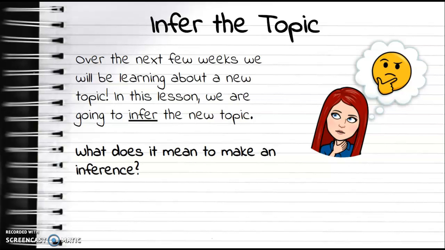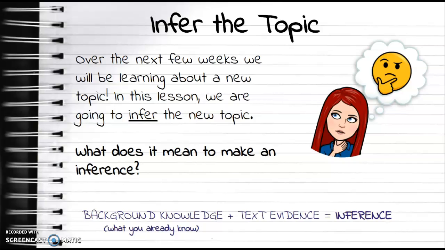So what does it mean to make an inference? So making an inference, you're taking the background knowledge, this is what you already know, and you're adding in that text evidence, so things from the book, because a text is a book.